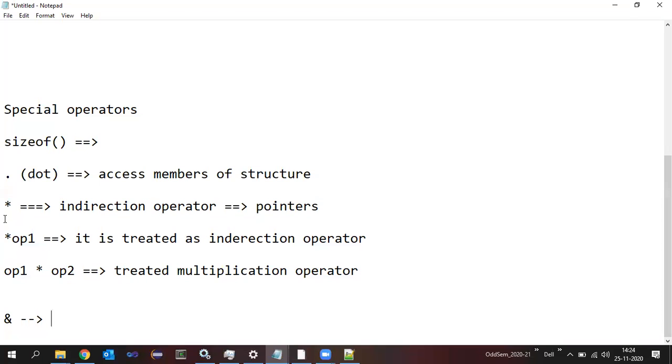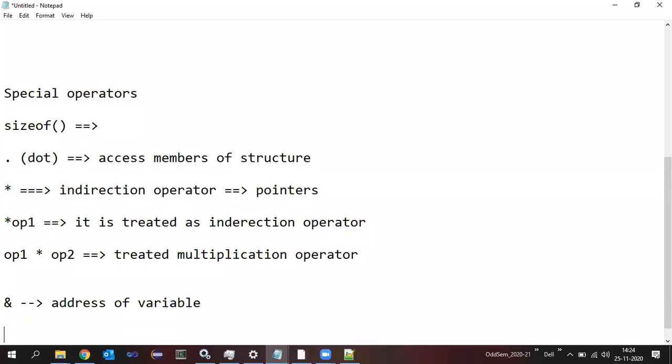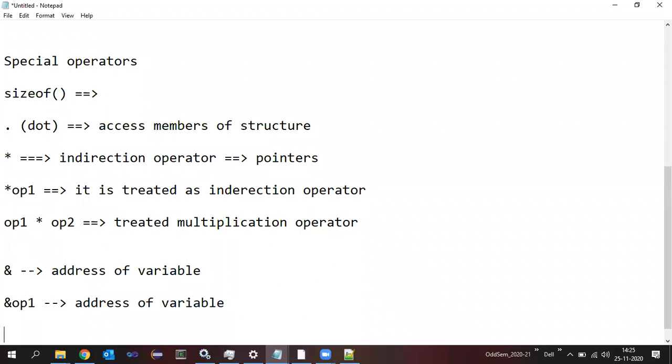It is exactly the same way we understood the star operator. This & basically provides the address of a variable. If this & is used with only one operand, then it is treated as the address of the variable.